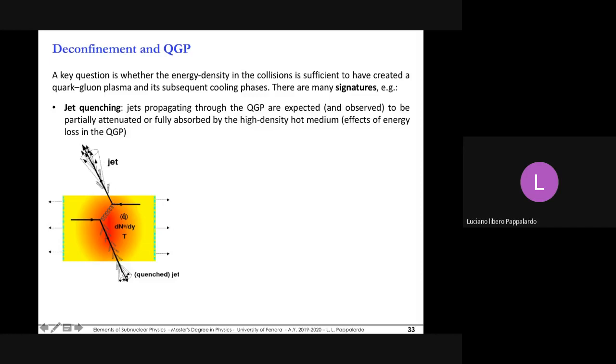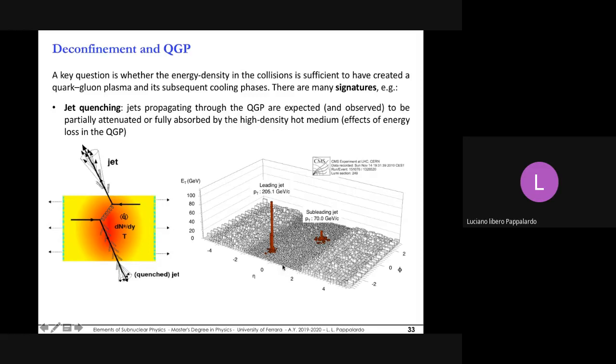So in this case, you would observe a very large hadron jet. In this case, a very small jet, which is a quenched jet, because most of the energy of the quark has been absorbed inside the medium. And this is an example of experimental evidence for this. Here you see essentially the azimuthal angle, and this is the polar angle in terms of the pseudorapidity. This we will study next, okay?